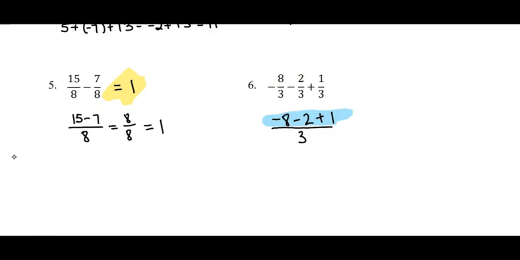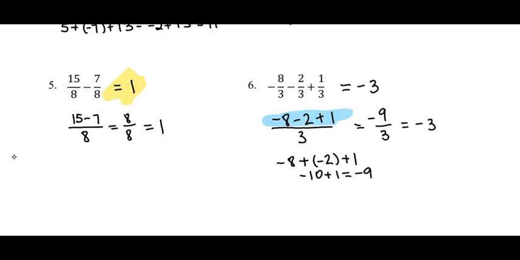So we have negative 8 plus negative 2 plus 1. Negative 8 and negative 2 is negative 10 plus 1 gives me negative 9. So in the numerator, I have negative 9. In the denominator, I have 3. And then negative 9 divided by 3 gives you negative 3. That's the final answer for this problem, negative 3.